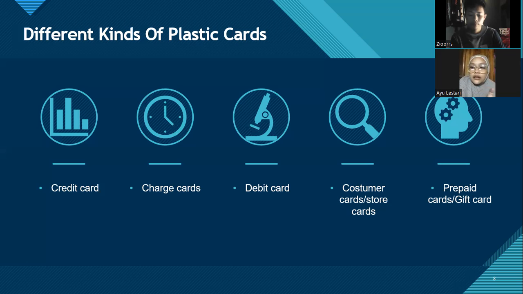And then the difference between credit cards and charge cards is that credit cards have a cashless payment with a set spending limit, while charge cards have a cashless payment without a set spending limit. Credit cards have payment taking place after the purchase, and charge cards also have payment taking place after the purchase.